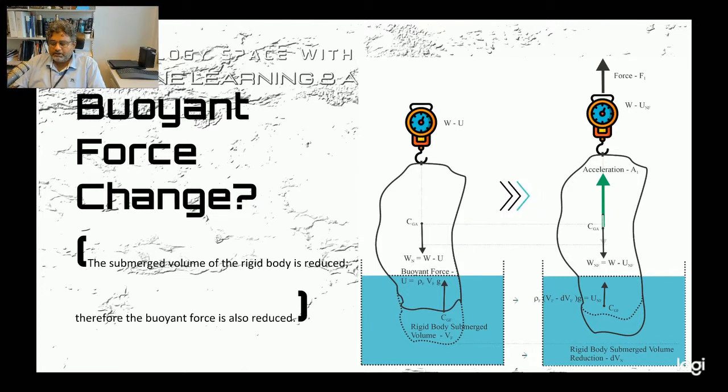The new buoyant force, represented by UNF in this figure, is equal to the density of the fluid times the new submerged volume, which would be VF minus dVF, times the gravitational constant. Here dVF represents the reduction in the rigid body's submerged volume.